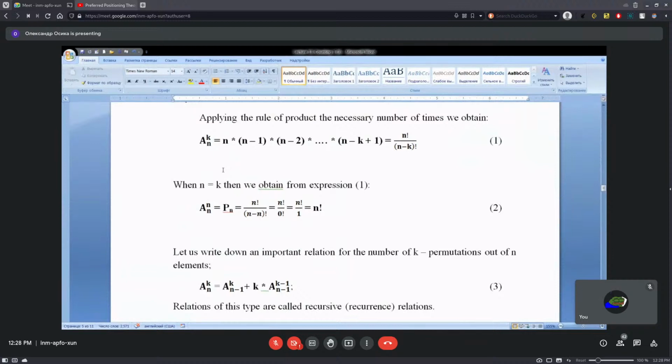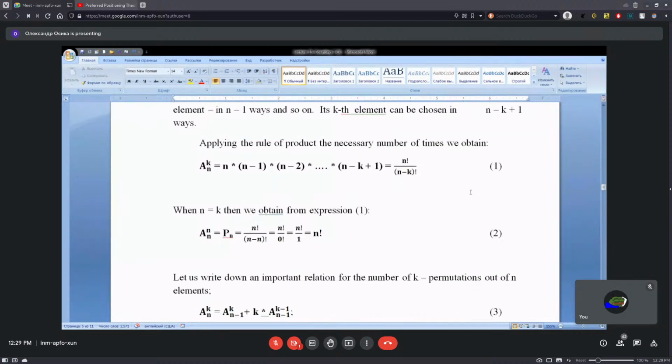Now, let us experiment a bit. If k is equal to n, then we substitute n instead of k, and this is the number of n permutations of n elements, n arrangements of n elements.